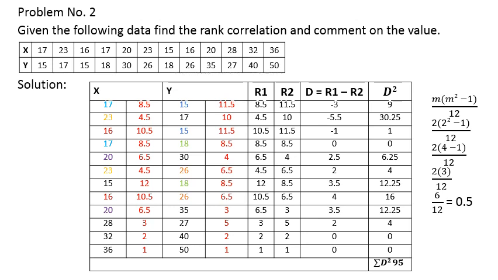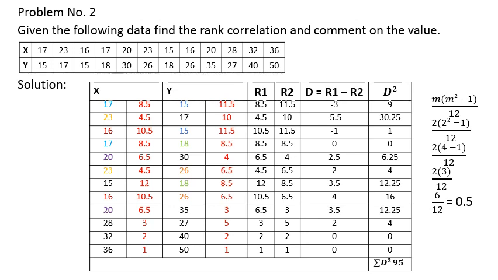Now D square: minus 3 square is 9, minus 5.5 square is 30.25, minus 1 square is 1, 0 square is 0, 2.5 square is 6.25, 2 square is 4, 3.5 square is 12.25, 4 square is 16, 3.5 square is 12.25, 2 square is 4, 0 square is 0, 0 square is 0.